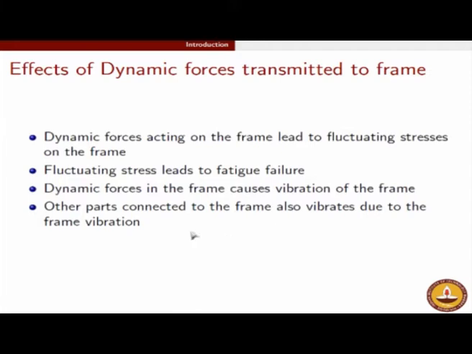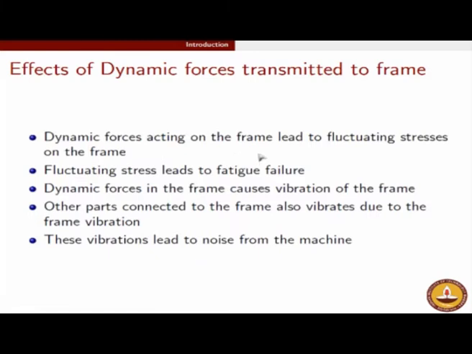Similarly, once there is a vibration set up on the chassis, because other members like the transmission and all other members are bolted to the chassis itself, if the chassis is set into vibration because the engine is causing these forces, then everything else will vibrate, and all of these put together will lead to a huge noise, and at the end of it you will have a large compromise in ride comfort. The ride comfort, as I said, will get compromised.